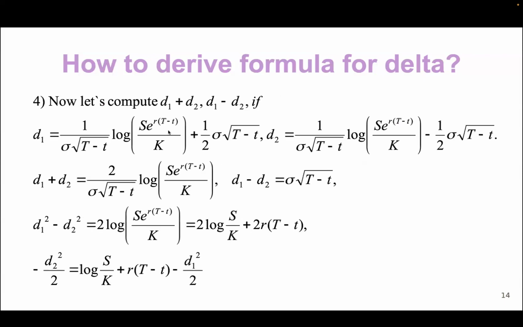Okay. After that, it is very useful to compute d1 plus d2 and d1 minus d2. First, d1 and d2 you need. And what is d1 plus d2? If we find the sum, you see that this term and this term are the same, only with different signs.